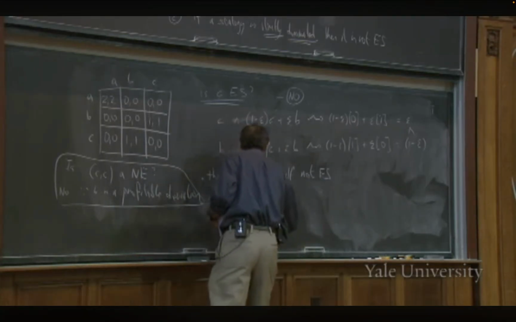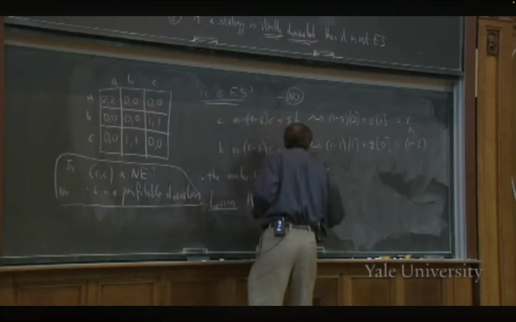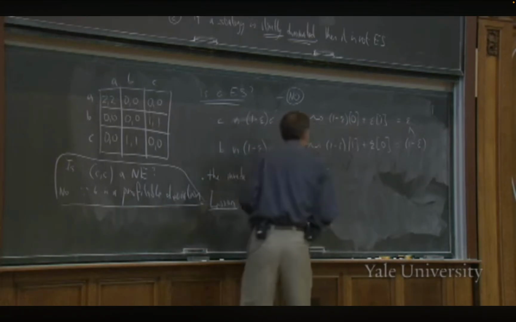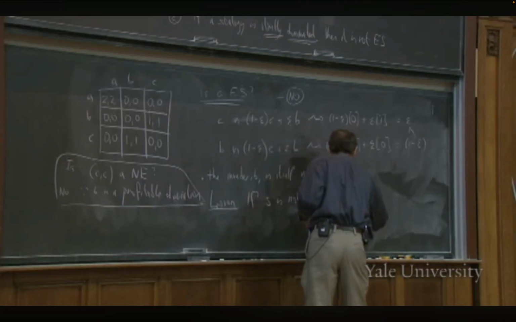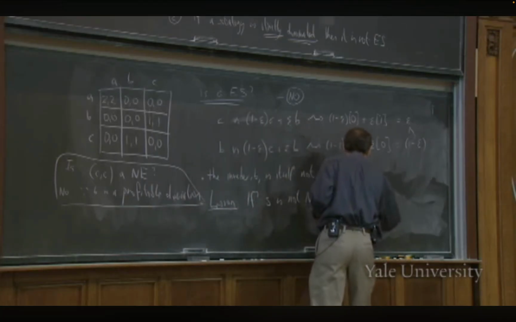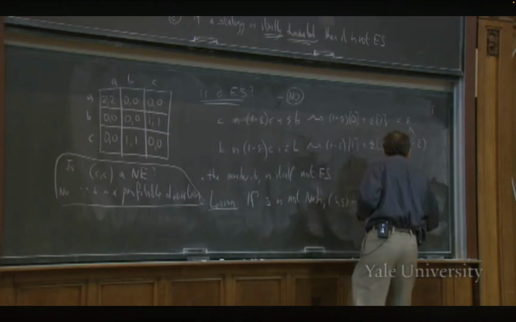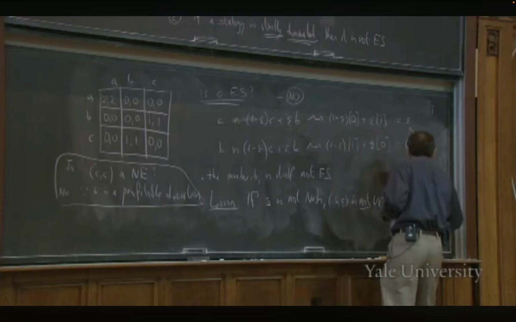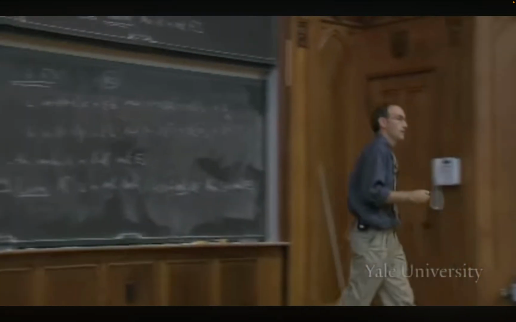If a strategy S is not Nash, so in other words, SS is not a Nash equilibrium, then S is not evolutionarily stable. All right.